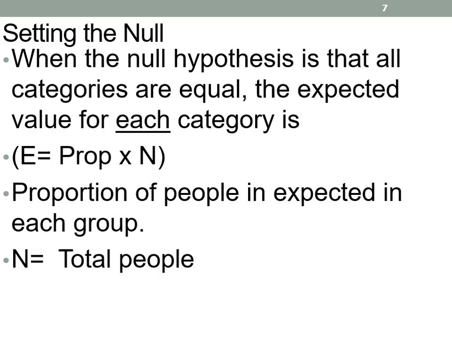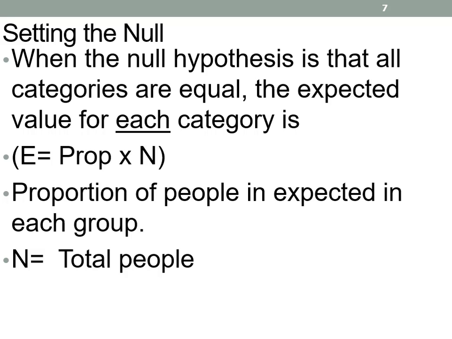So setting the null. When the null hypothesis is that all categories are equal, the expected value for each category is the proportion of people times the number of people that you observed. This also works for when you are given information, such as saying 90% of people are righties and 10% are lefties.